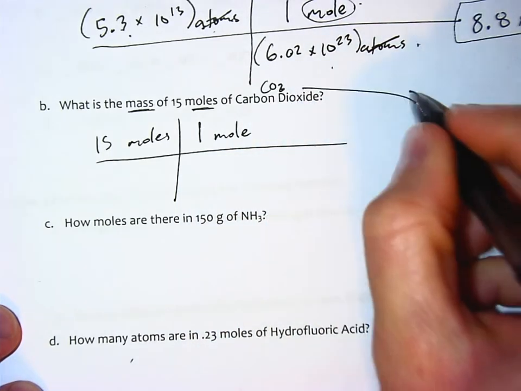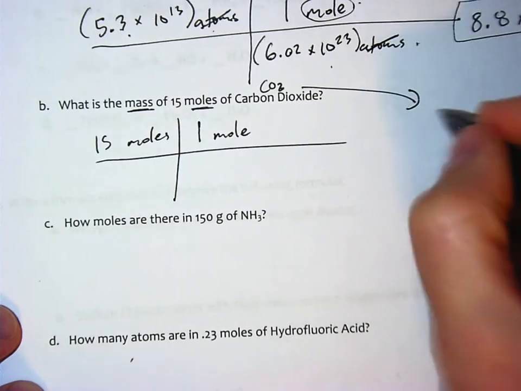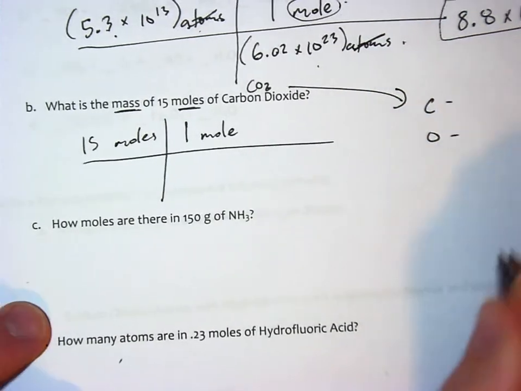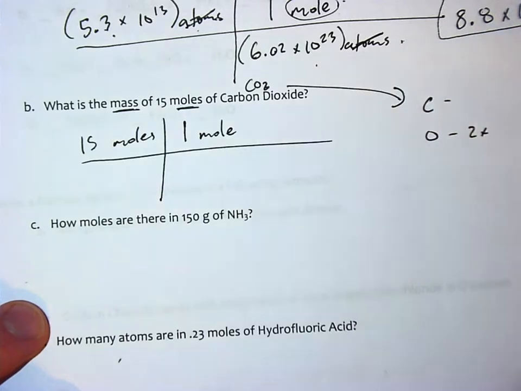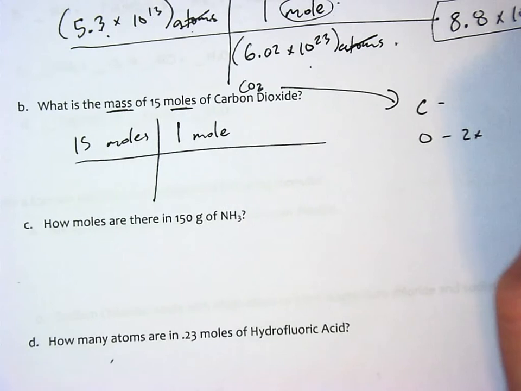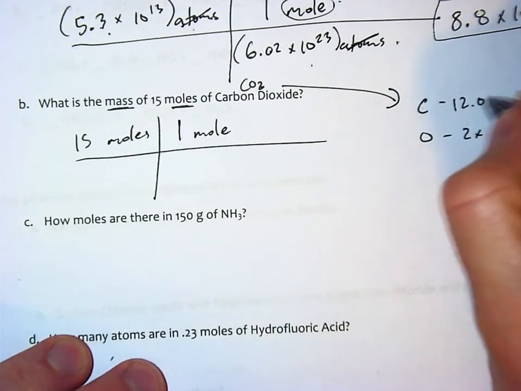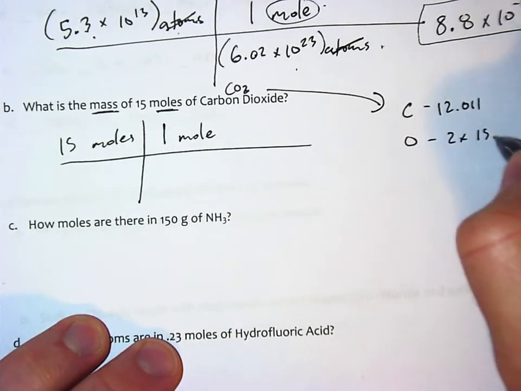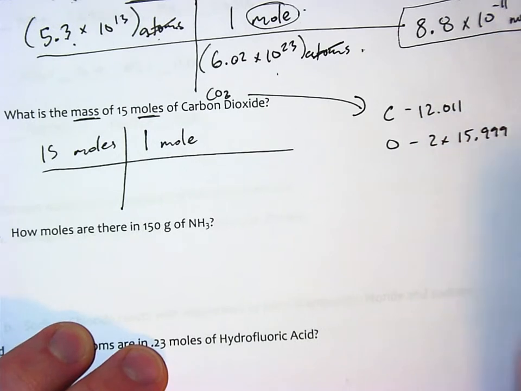Just like we set it up before, we're going to have C and O. Now there are 2 O's. Carbon, if we look at the periodic table, is 12.011. Oxygen is 15.999, and we're going to multiply that by 2.